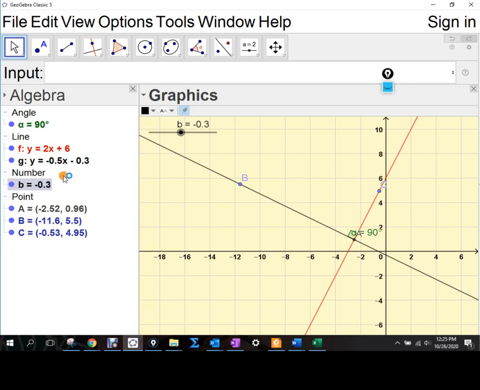And that's what you're going to hear me phrase it as. If I ask you what's the relationship between two lines that are perpendicular, they're going to have opposite signed reciprocals. Opposite sign, meaning one's positive, one's negative. Reciprocal, meaning I take the fraction and I flip it, right?